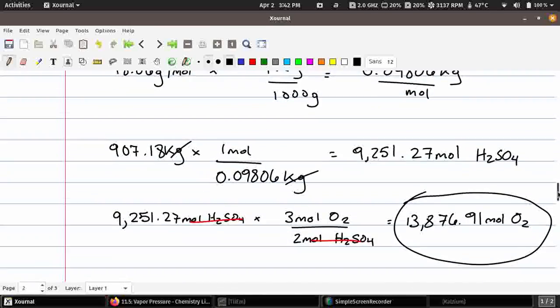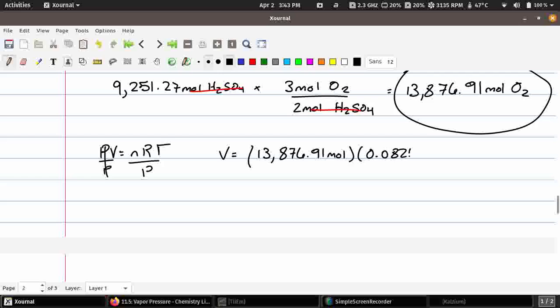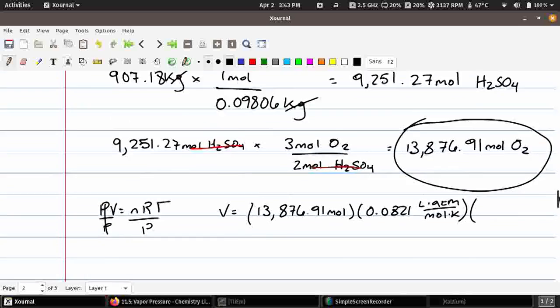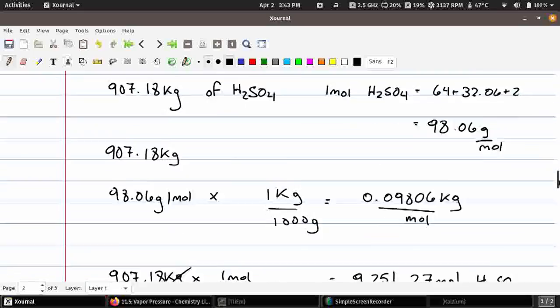So what volume do we need? Alright, PV equals nRT. So divide the pressure out. So you have V equals 13,876.91 moles times 0.0821 liters times atmospheres over moles times Kelvin times, and I forget what the temperature was, 22 degrees Celsius.